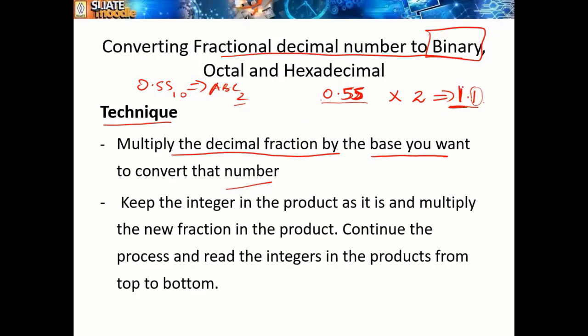Right. So now we multiply by 2, then we get 1.1. After that, we keep this integer and don't do anything with it. Now, in this 1.1, take the decimal value, which is 0.1.